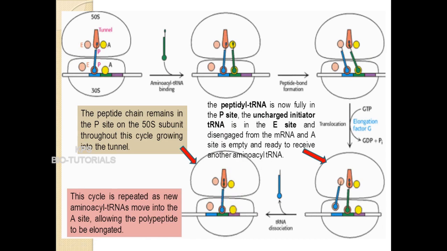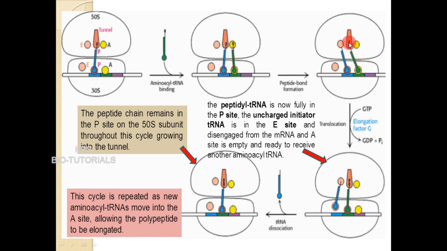So here in this picture it is very clear. During initiation, the first amino acid tRNA, or the initiator tRNA, will be bound at the P site. Then the next amino acid tRNA will bind at the A site. Then the peptide bond is formed between these two amino acids.